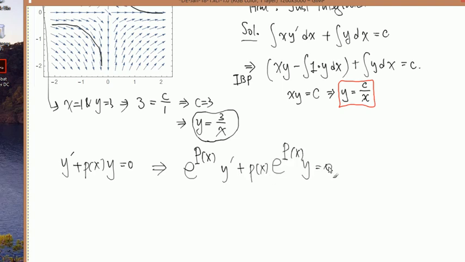Then magic happens to the left-hand side. If you do the integration by parts, or try to realize it as a derivative of the product rule, it works. What is this capital P? Antiderivative, right? Differentiate it, you get that little p out there. So if you're staring at this function, you can think about, oh, antiderivative, put it up there in exponential form, and multiply both sides, and then magic happens.